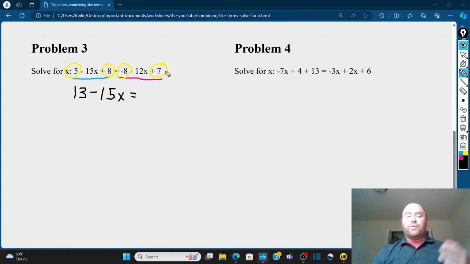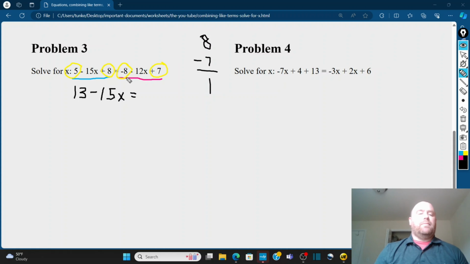We're adding numbers with different signs. So 8 is further away from 0 on the number line. I'm going to do 8 minus 7. That gives me 1. But remember, 8 is negative, so we're going to make it negative 1 minus 12x.